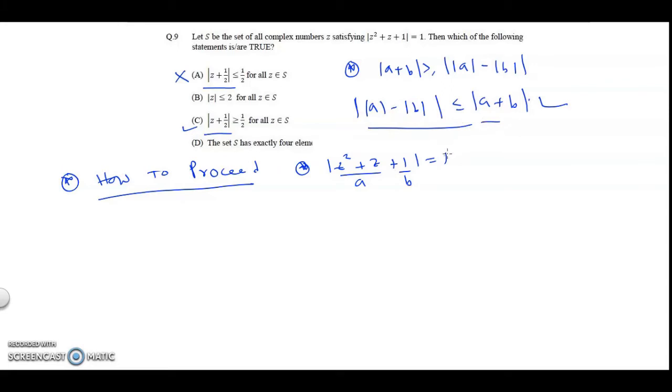So we can write modulus of z square plus z, modulus minus 1 total modulus, is less than or equal to the modulus of z square plus z plus 1, and this one is actually 1.